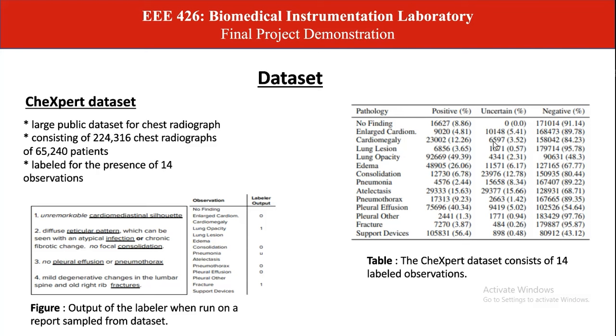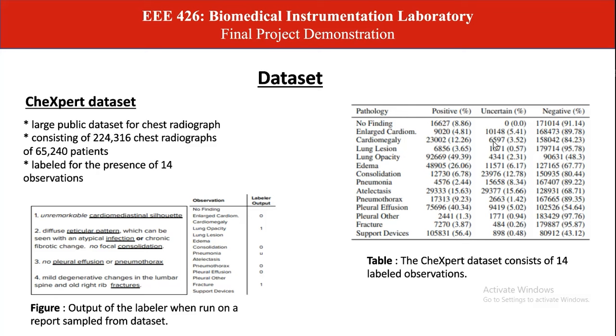Moving on to the dataset, CheXpert is a large public dataset for chest radiograph interpretation, consisting of over 0.2 million chest radiographs, with approximately 65,000 patients, labeled positive, negative, or uncertain. We report the prevalences of the labels for the different observations in the table. The no finding and support devices observations were intended to capture the absence of all pathologies, and for the rest of the images, there can be 14 observations on a single image.